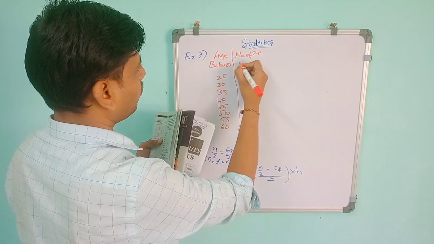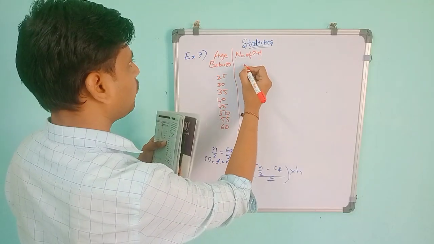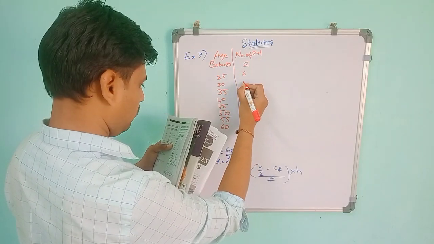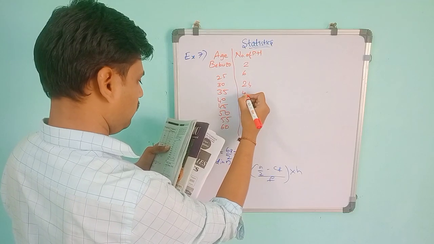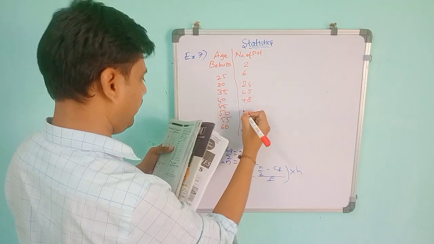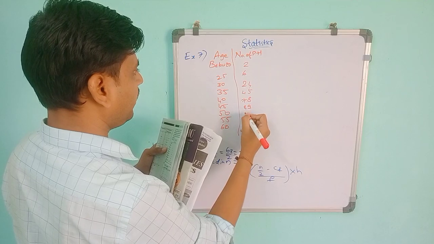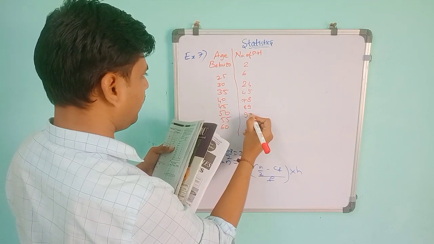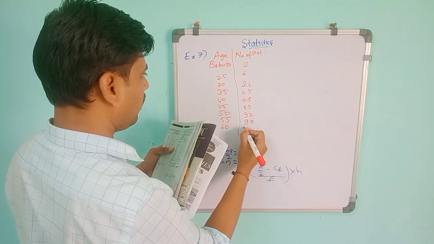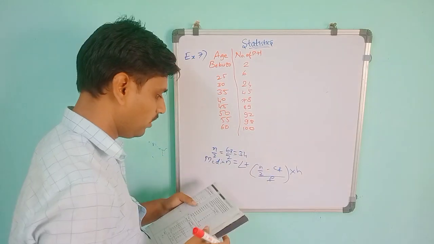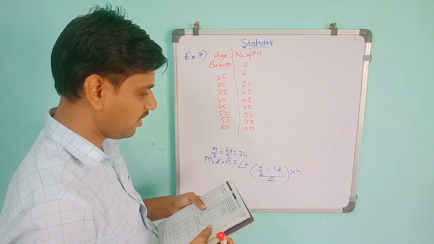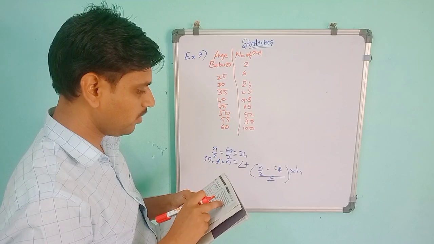Then the corresponding number of policy holders is 2, 6, 24, 45, 78, 89, 92, 98 and 100. So they have given the number of policy holders, and they ask us to calculate the median of the age.